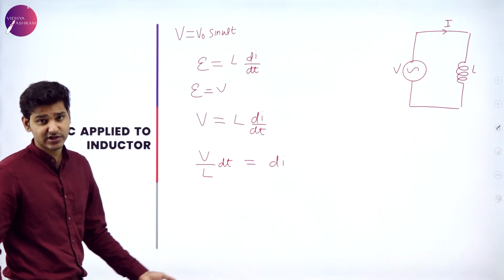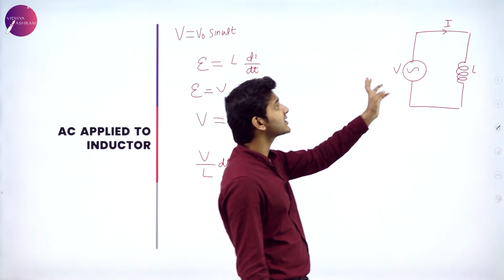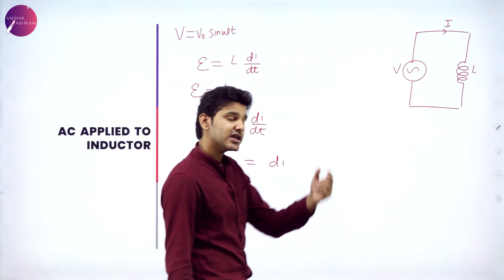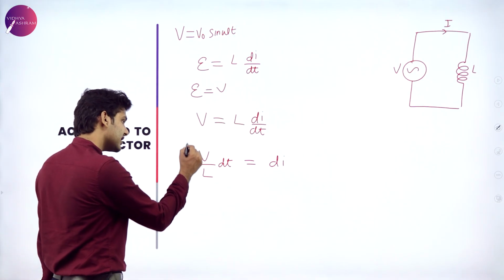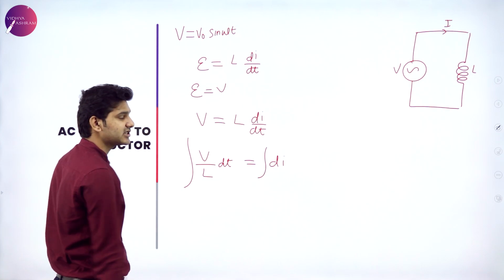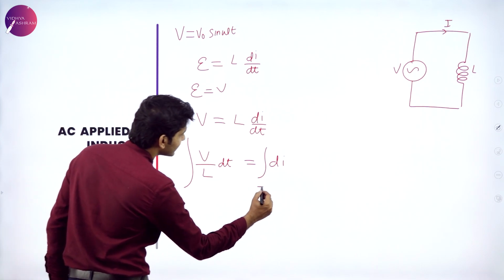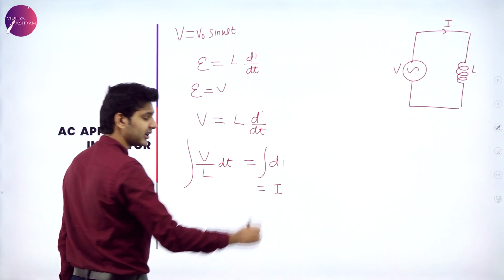Now again, what are we trying to find? We are trying to find the current flowing through this particular inductor. For that, the only thing we can do is integrate. If I integrate on the right hand side, I will get capital I, the current.